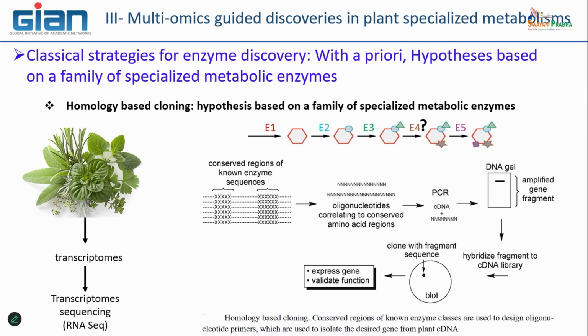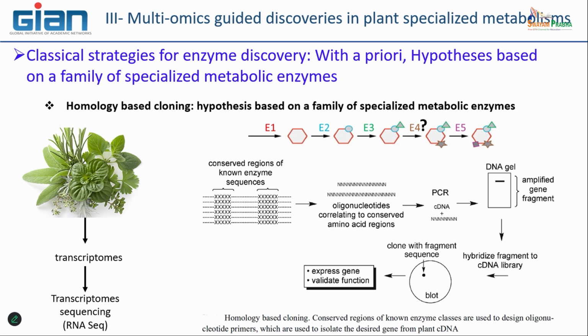You also have the opportunity to express this gene and produce what we call the recombinant protein, and then validate the activity of this protein in vitro, to be sure that it is the enzyme that is able to convert this product into this product, for example.